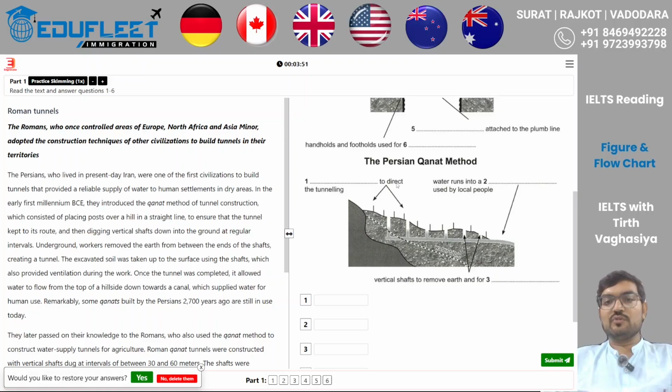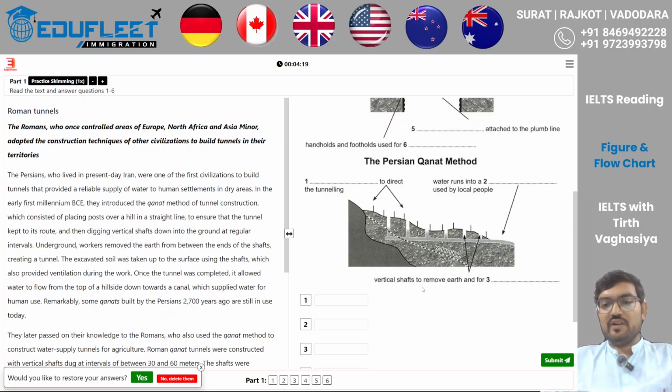So our focus should be on direct and tunneling. Then what we have? Water runs into a blank, then used by local people. So water is running. It seems that this gray area is water, which is running into some portion, and that is used by local people. So we have to pay attention to local people, water and running into.